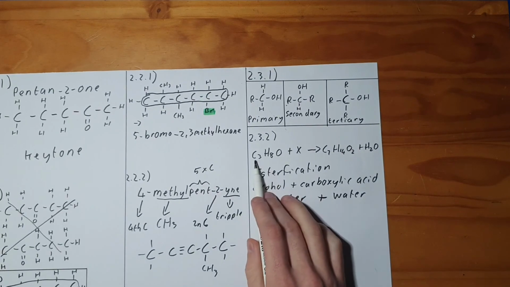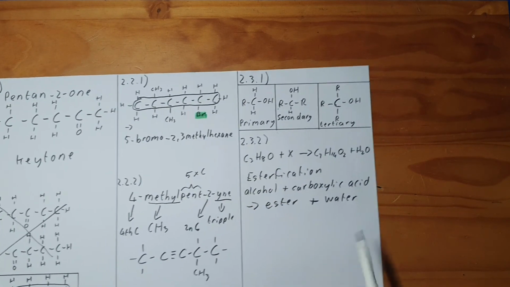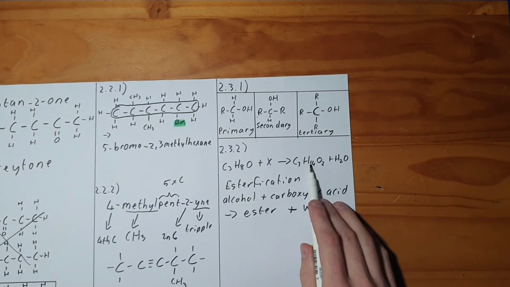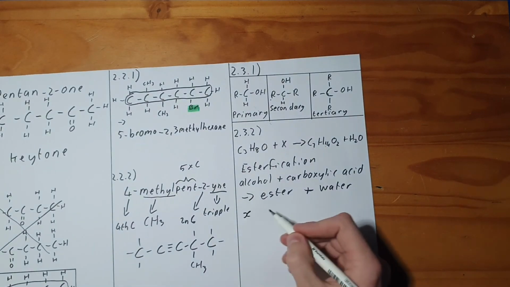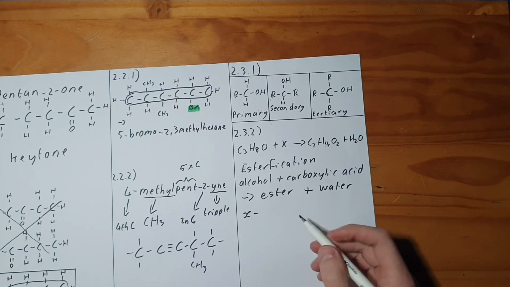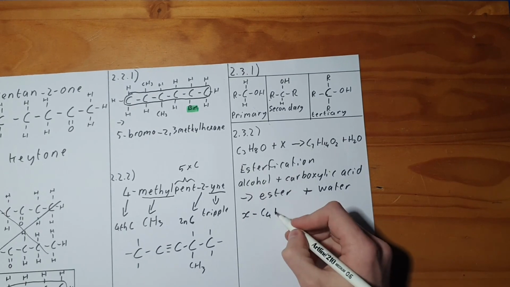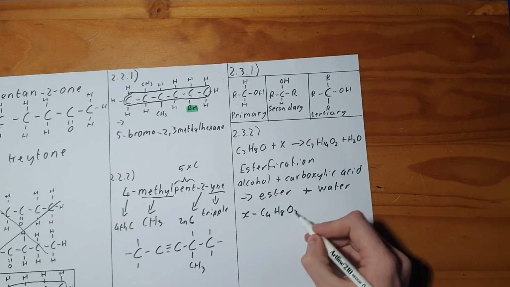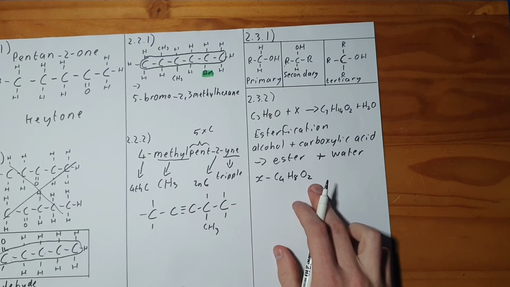Looking on the left here, we have 3 carbons, 8 hydrogens, and 1 oxygen, whereas on the right, we have 7 carbons, 16 hydrogens, and 3 oxygens. So compound X is going to need an additional 4 carbons, 8 hydrogens, and 2 oxygens.